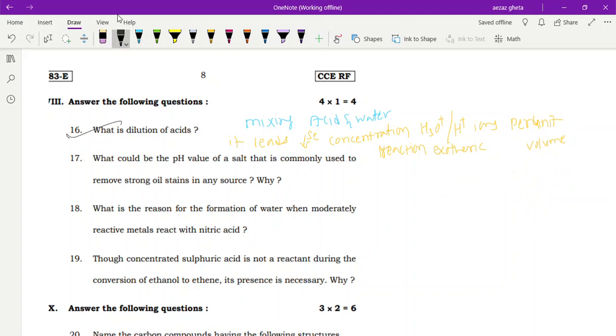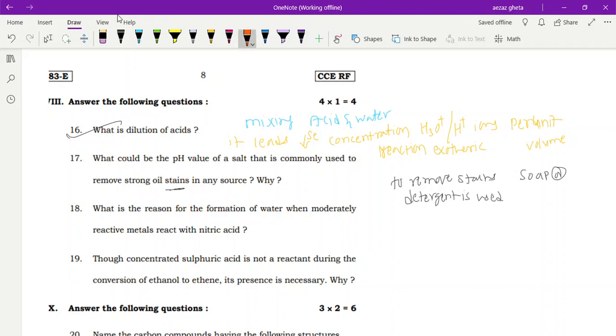What could be the pH value of the salt that is commonly used to remove stains? See, to remove stains, soap or detergent is used. Correct.